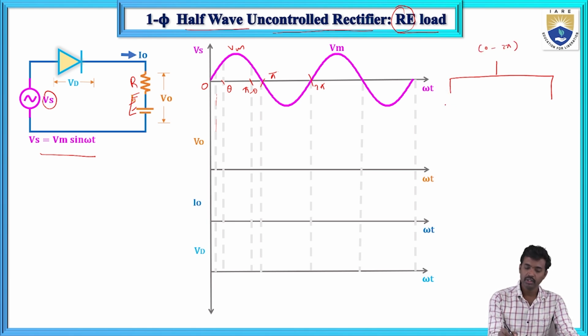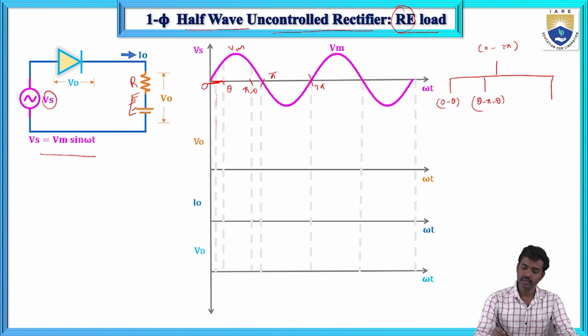The first range is 0 to theta, next theta to pi minus theta, next pi minus theta to pi, and next pi to 2 pi.